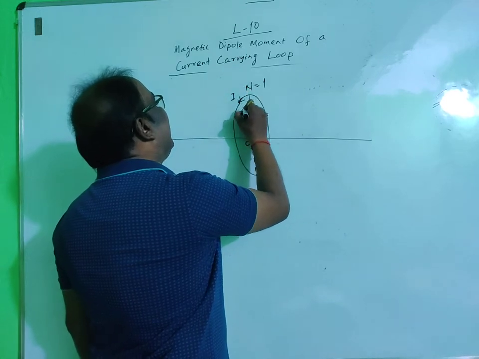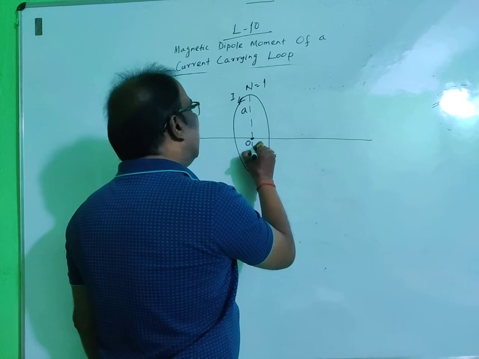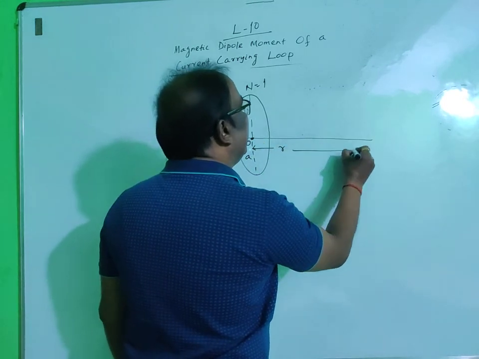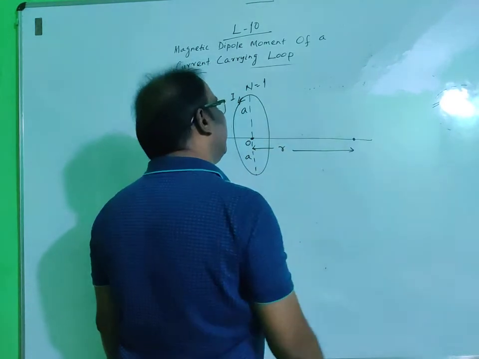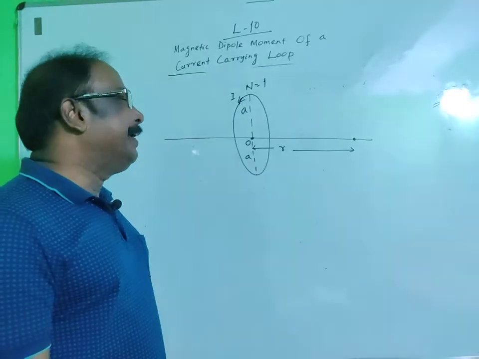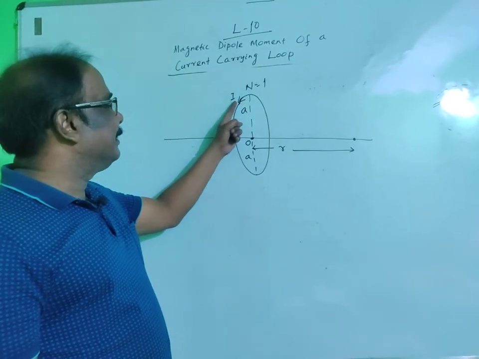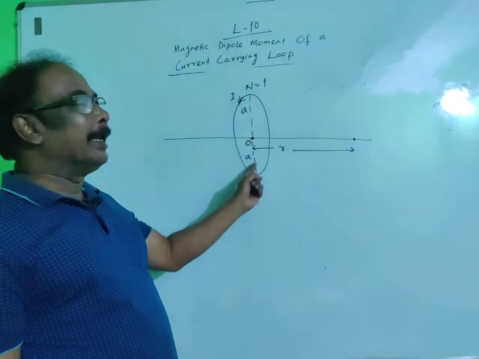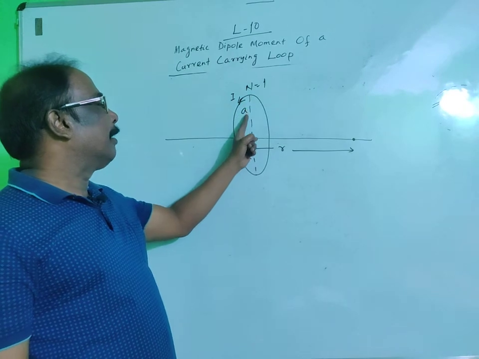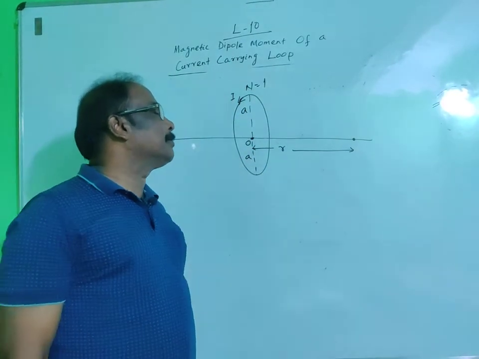Let the radius of the circle be a, and from the center, at a distance r, we need the magnetic field on the axis of the circular conductor. Let I be the current flowing in the circular coil. The number of turns is 1 and the radius is a, and we are finding the magnetic field at a distance r from the center.